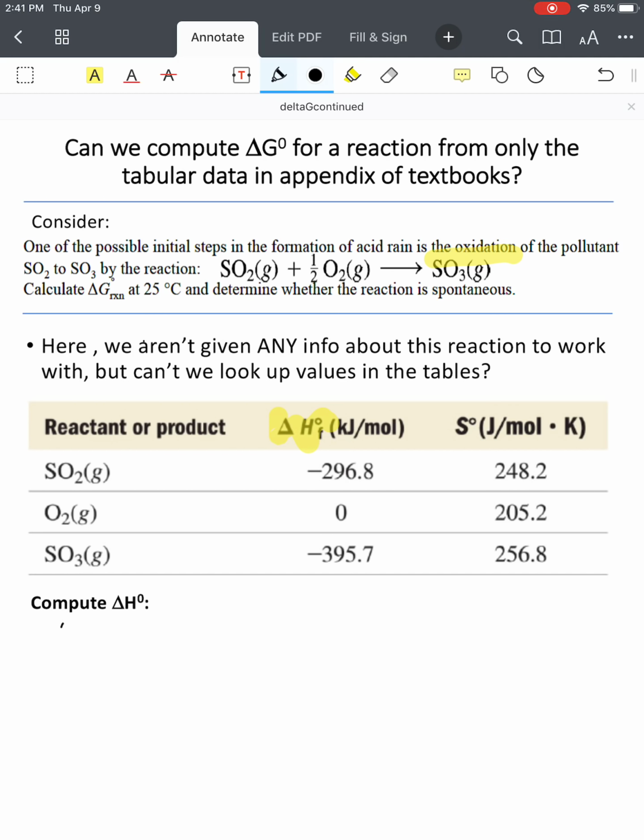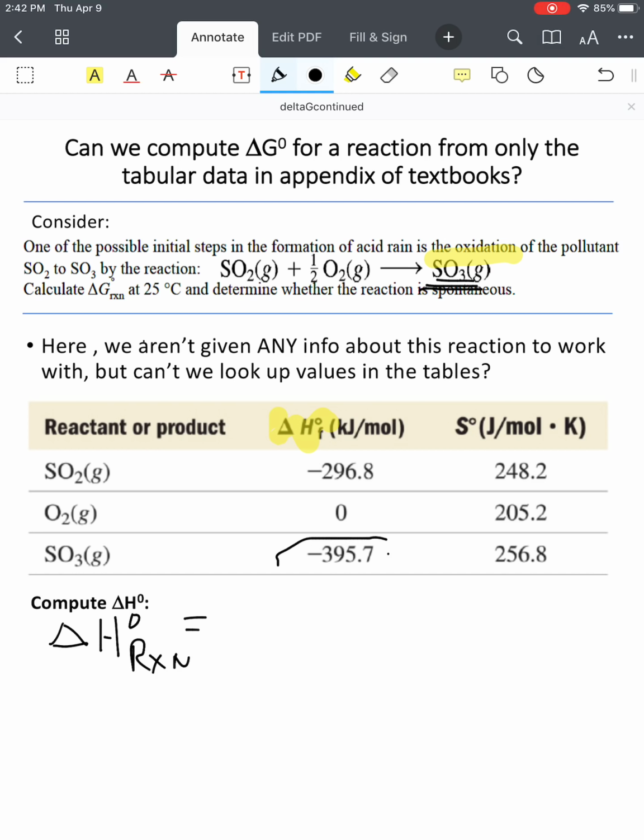Okay? We know that there is a rule to compute standard enthalpy of reaction. And it's a summation rule. Remember, products minus reactants. So in this particular reaction, I've got one copy of SO3. Just one.